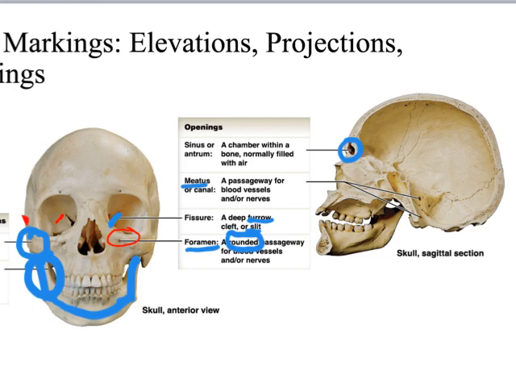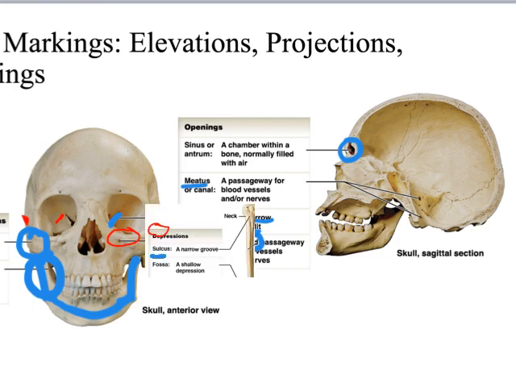More bone markings. A sulcus, for example, is going to be kind of a narrow groove, and what you might find is a tendon runs through that groove, or a nerve or an artery runs through that groove, and so we often give it a name just because it's something that's visible. A fossa is going to be a shallow depression.